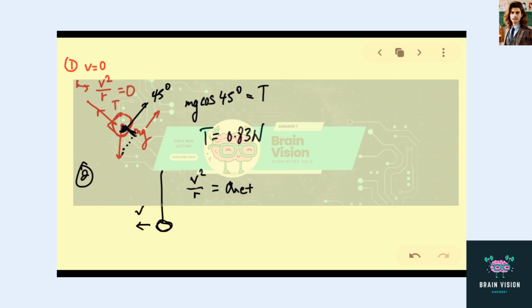Now we know that via the free body diagram, the net force acting on the pendulum is the tension as well as the weight, mg. So the net acceleration is basically T minus mg over m. Right, this is the net force, and this is the mass. So we just take net force divided by m to get the net acceleration.